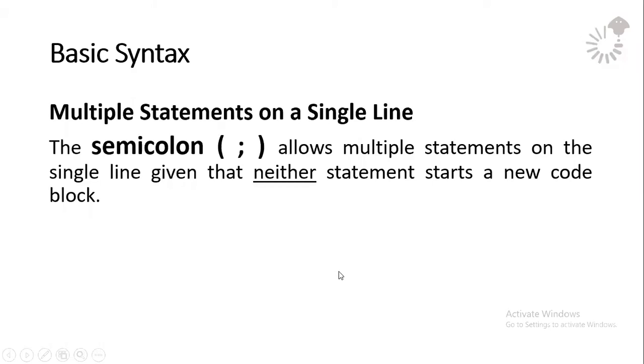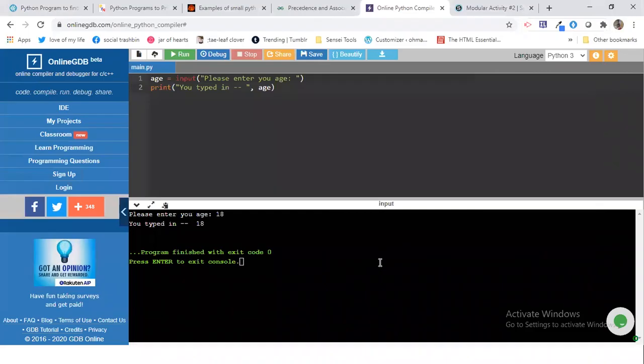Next, multi-line statements on a single line. The semicolon allows multiple statements on a single line, given that neither statement starts a new code block. What does that mean? For example, I have multiple lines here.